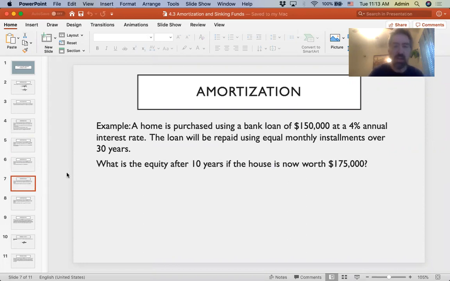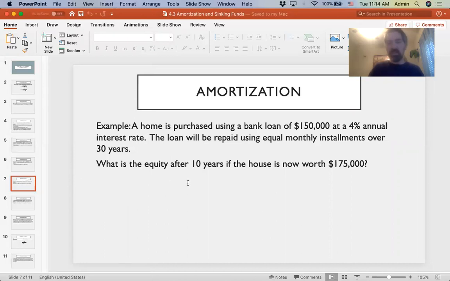Question 3: what is the equity after 10 years, when the house is now worth $175,000? The good thing about mortgage loans is that it's a good loan, meaning that real estate generally appreciates in value. Over time, the value of your home should increase.